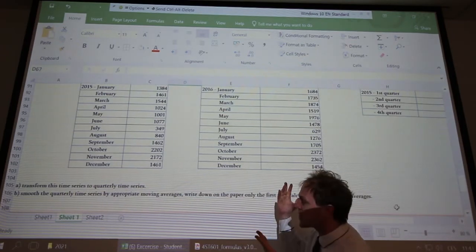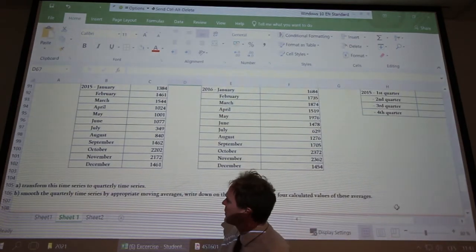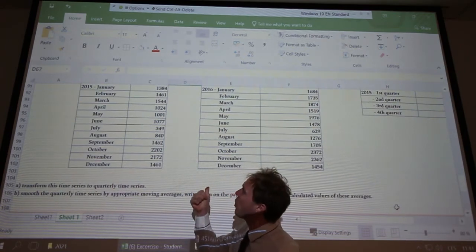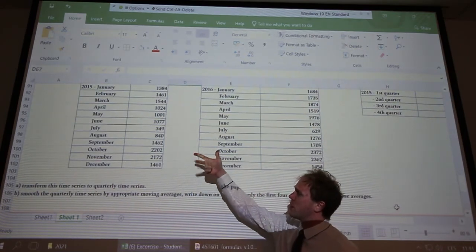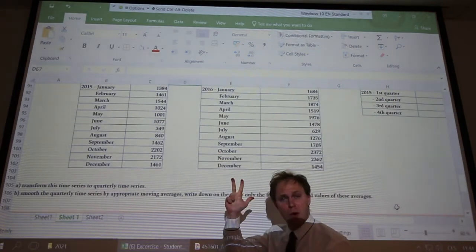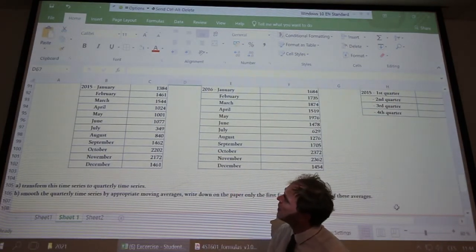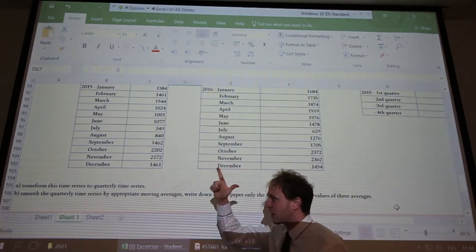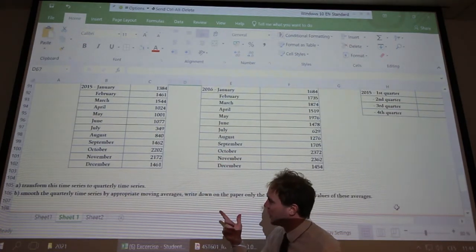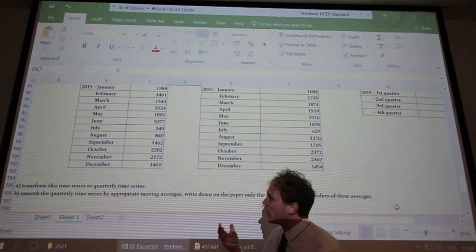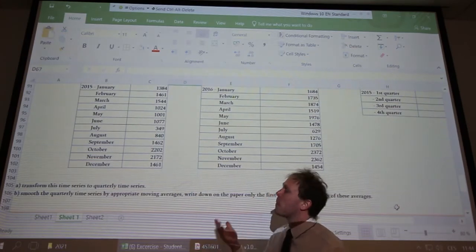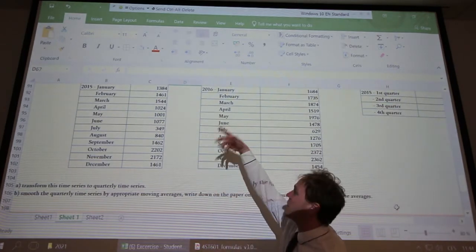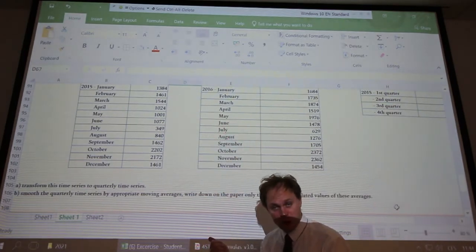So it's very easy to transform this monthly time series to a quarterly time series, because we know that January, February and March are the first quarter of the particular year, April, May and June the second quarter, etc. We can calculate a simple summation of 3 values, and we have the first quarter.